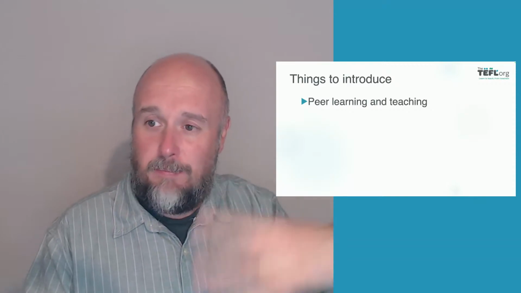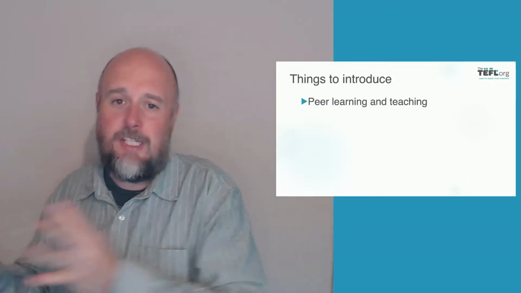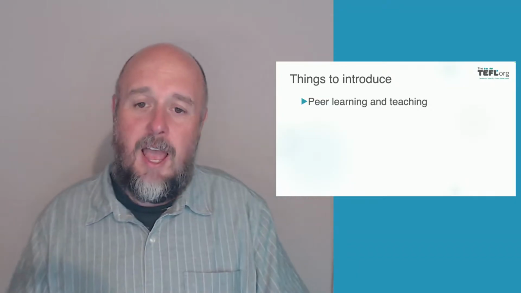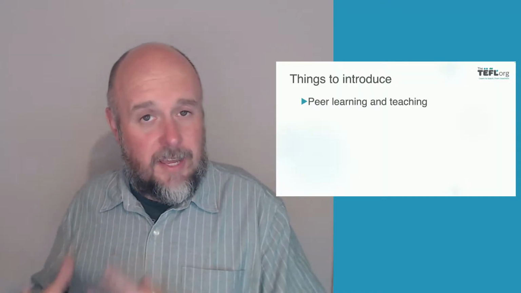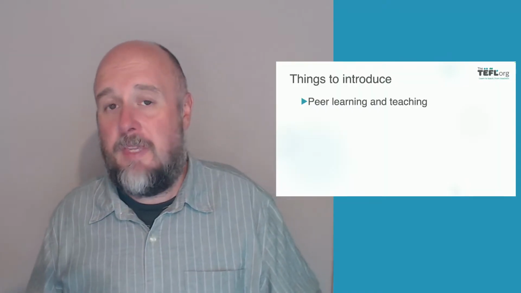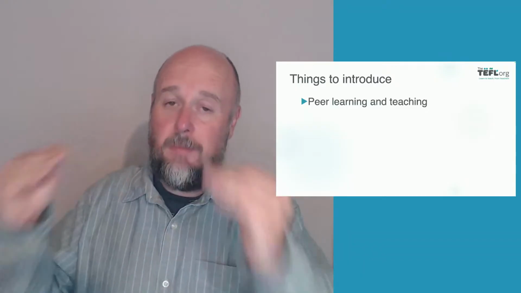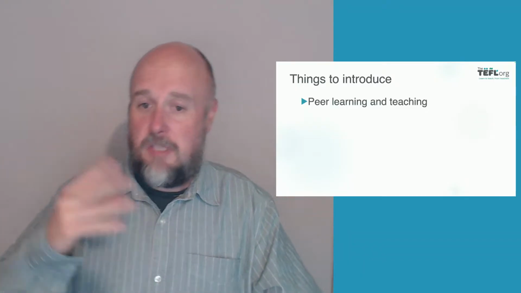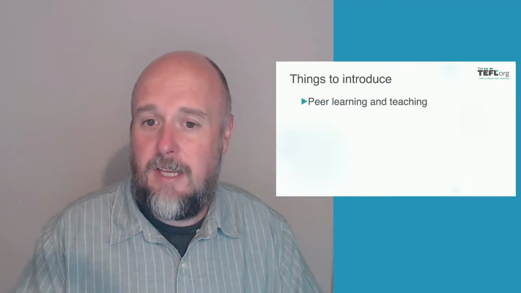Two, it takes the pressure off you a little bit because you don't have to be almost teaching two different classes. And also you might find that some of the stronger ones like helping the weaker ones. You might find that some of the weaker ones learn a bit more quickly because they're being pushed by someone that's a bit stronger. So if you can get this sort of thing going in the classroom, it does help.